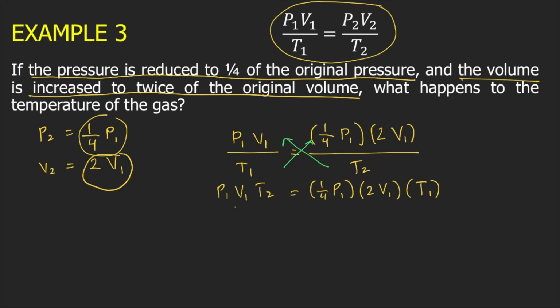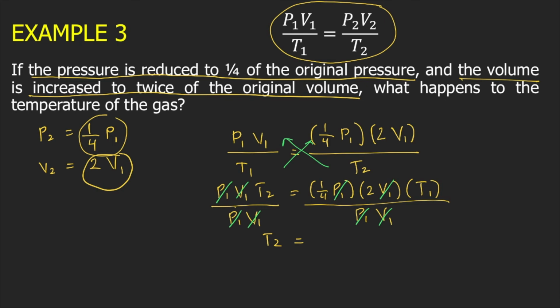Next, you divide both sides by P1 V1. So on the left side, P1 cancels out, V1 cancels out. So what remains on the left side is T2. On the right side, P1 cancels out, V1 also cancels out.